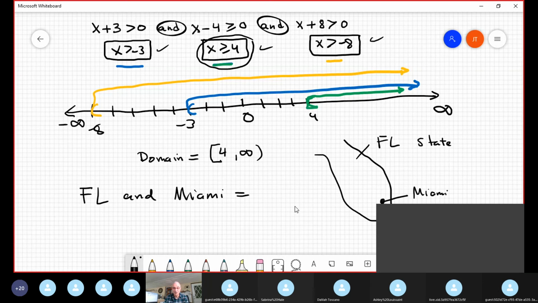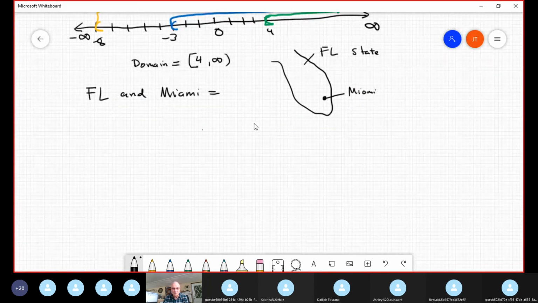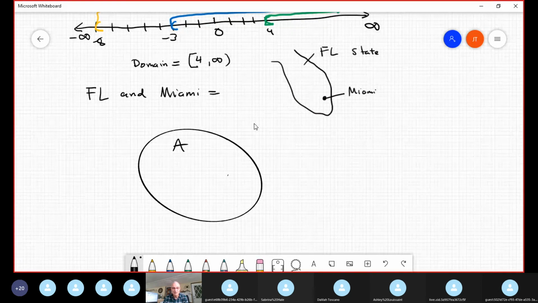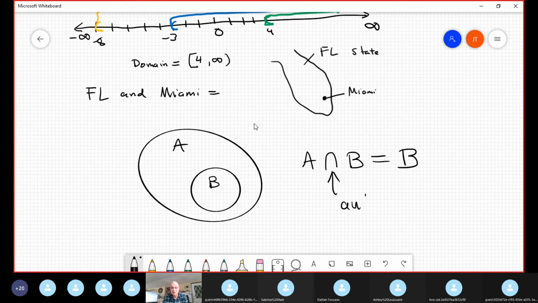You have one set A, and another set B totally inside A. It doesn't always happen, but in this case it does. A intersection B is equal to B, because intersection means I need to discover the common elements they share.